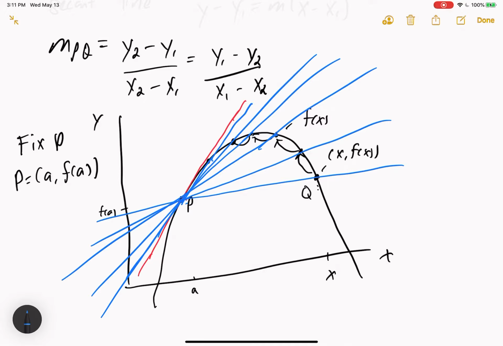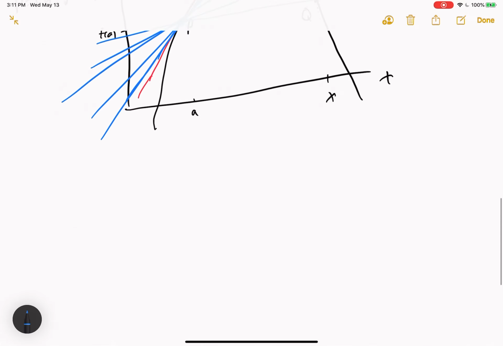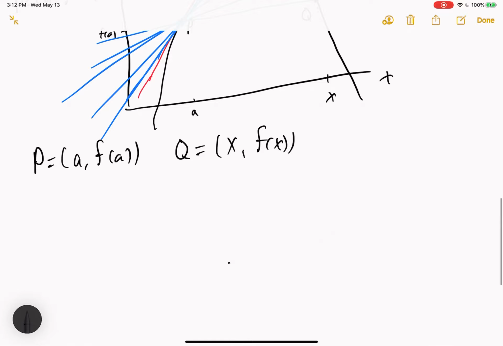So let's try to define what's actually going on here. Again, let's clarify what P is. P will be equal to (a, f(a)), and Q will equal (x, f(x)). And we said earlier that we'll define the secant line to be PQ.